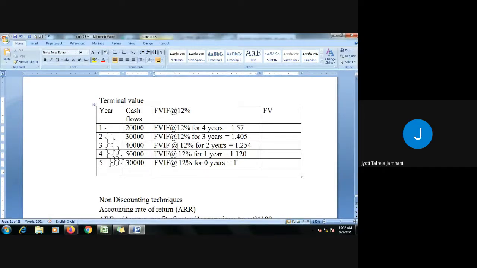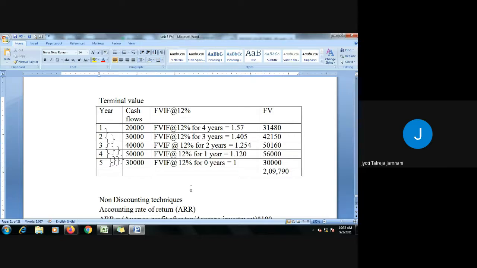Okay, so we'll now multiply 20,000 into 1.57. We'll get 31,480. 30,000 into 1.405, you get 42,150. Then 50,160. 56,000 and 35. You add all this, you get 2,09,790. This is a terminal value.